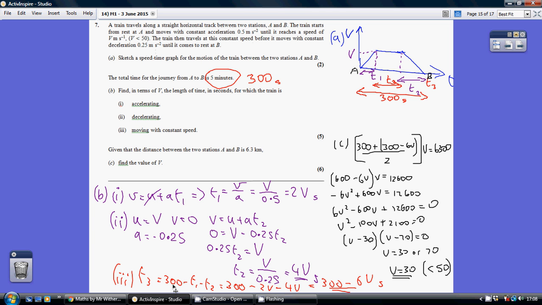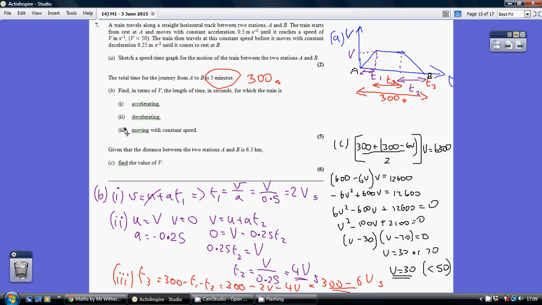So our acceleration is minus 0.25. So u is v, v is 0, and a is minus 0.25. So substituting into v equals u plus at and rearranging, we get this period of time, which I'm calling t2, to be v divided by 0.25, in other words 4v seconds.